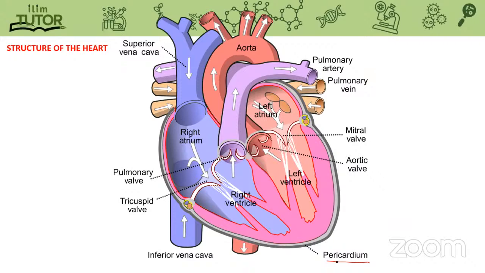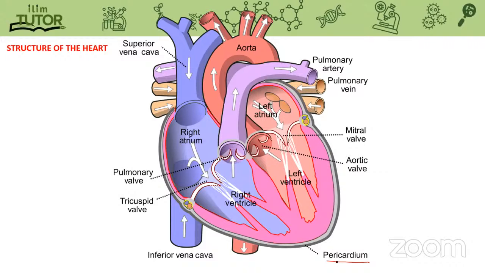It ensures that, for instance, while the heart is pumping, it doesn't affect the neighboring organs too much. It doesn't brush directly against the neighboring organs. And you could also say that it equally acts as a shock absorber.